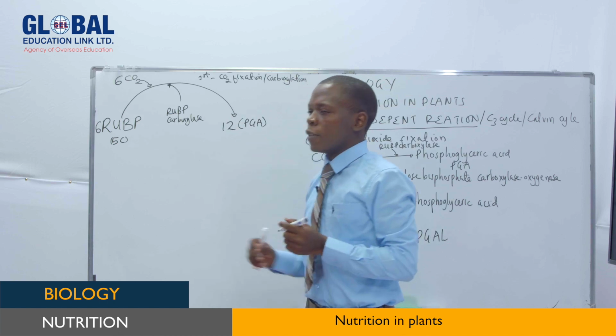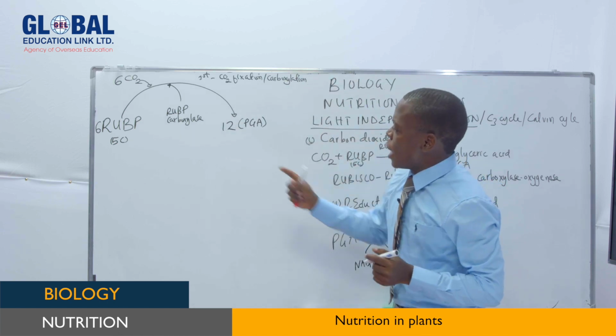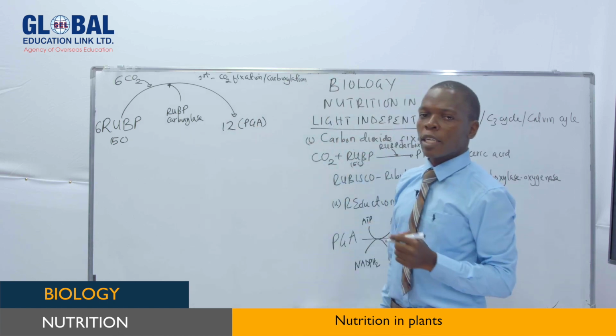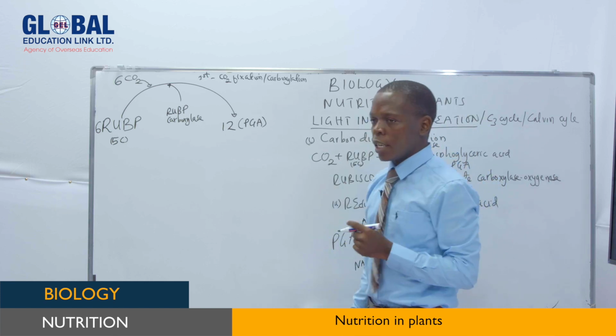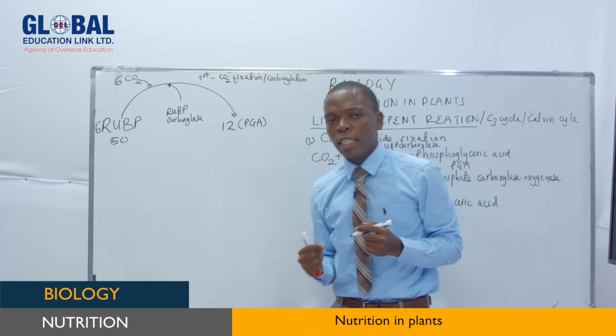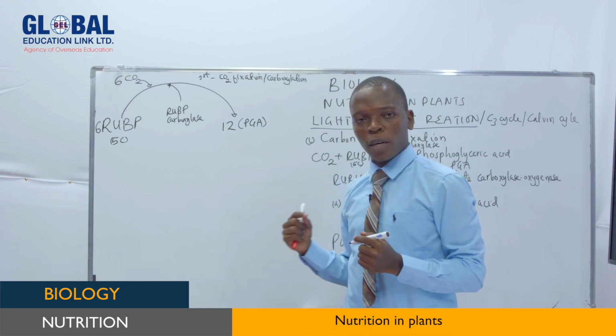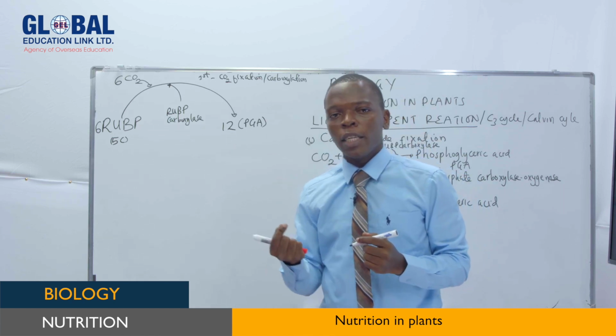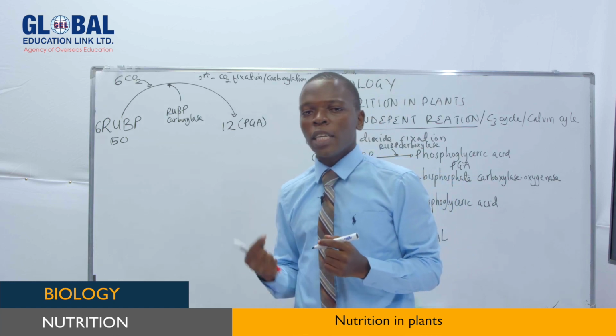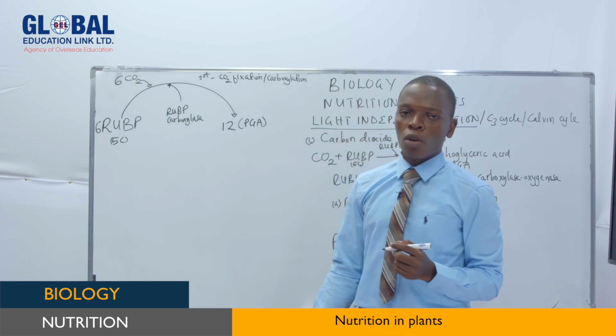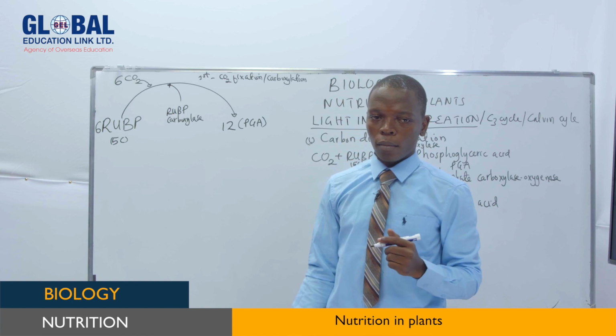As we have said, we have 3 main stages. After formation, the phosphoglyceric acid is forwarded into the next stage of the Calvin cycle, which is reduction.